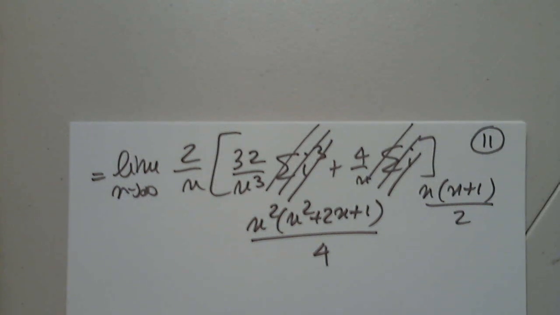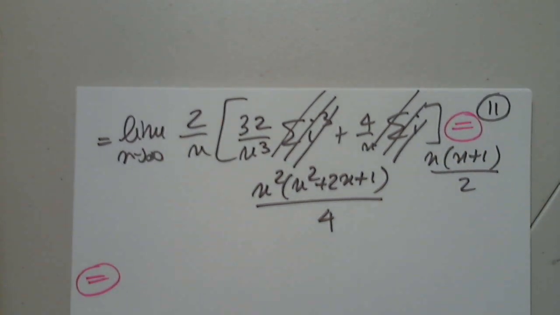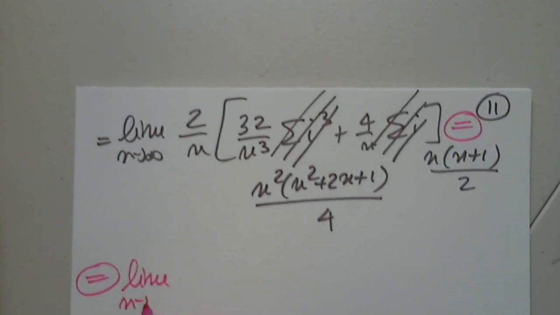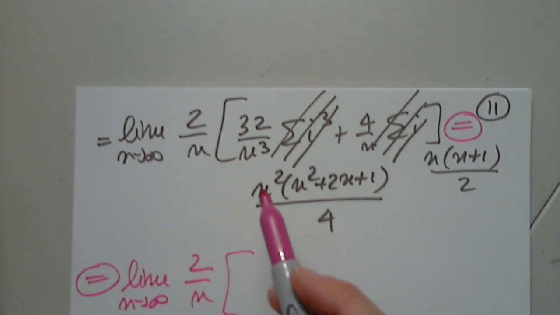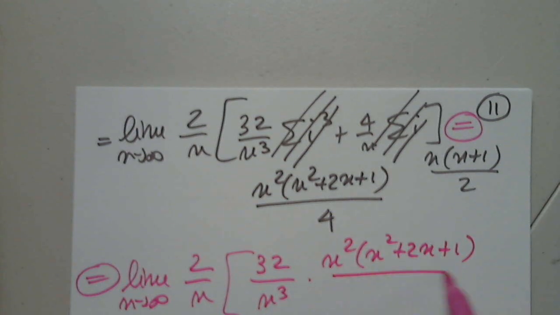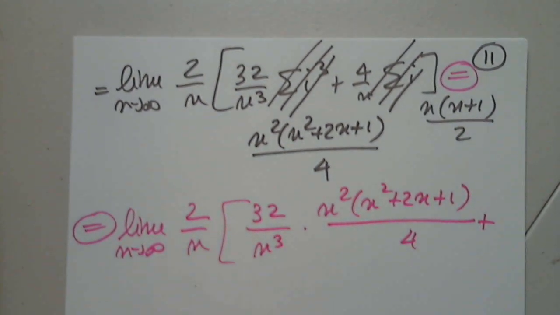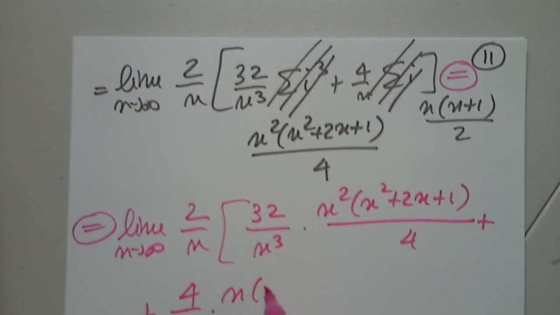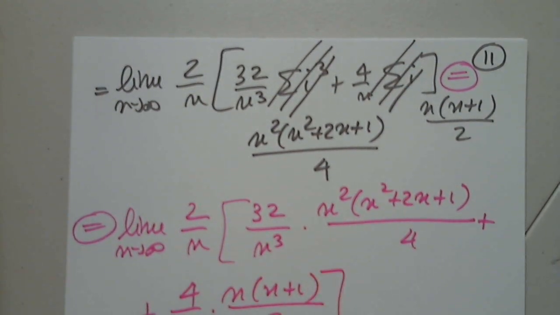Please have those formulas with you. Then, the limit as n approaches infinity of 2 over n, 32 over n cubed, n squared plus 2n plus 1 over 4, plus 4 over n times n plus 1 over 2.